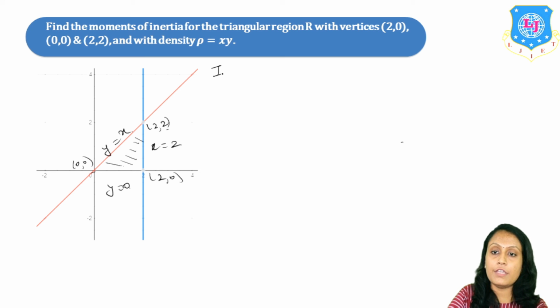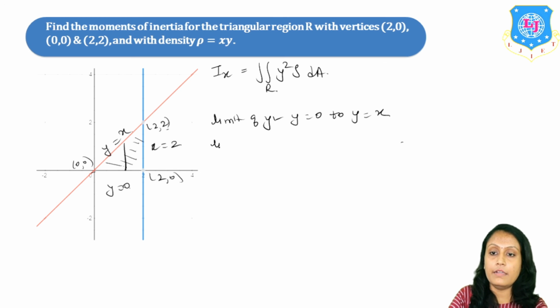Now the moment of inertia Ix is given by the formula double integration over region R y square rho dA. Now let's take a vertical strip over here. From this we can write down the limits. The limit of y is from y equal to 0 to y equal to x, and the limit of x is from x equal to 0 to x equal to 2.